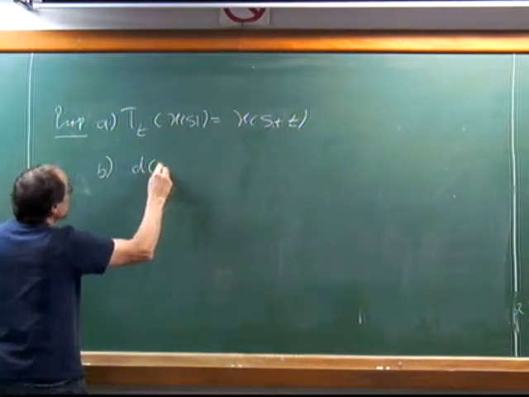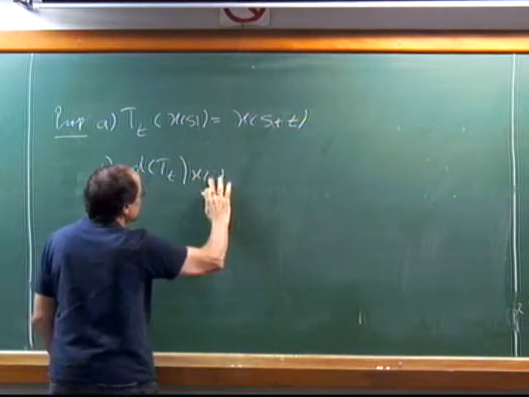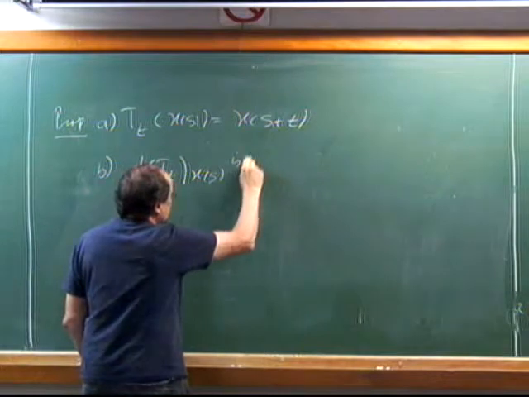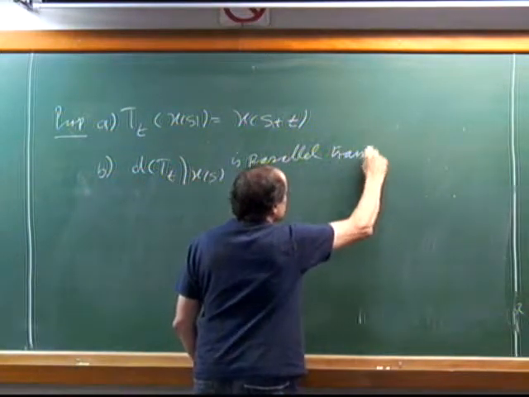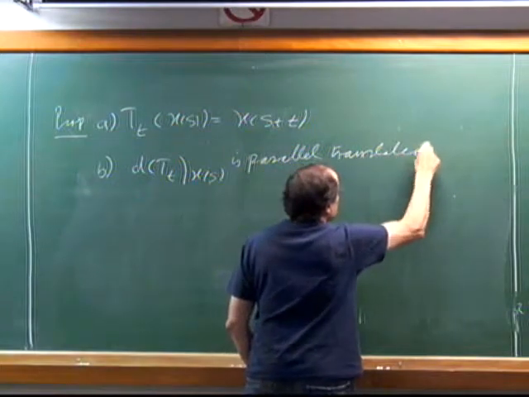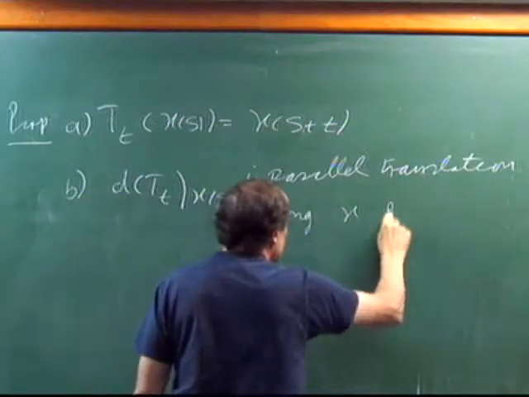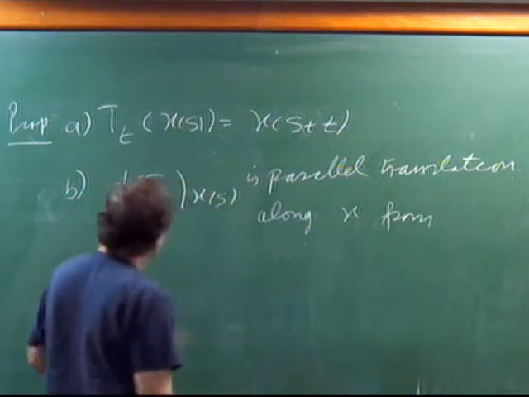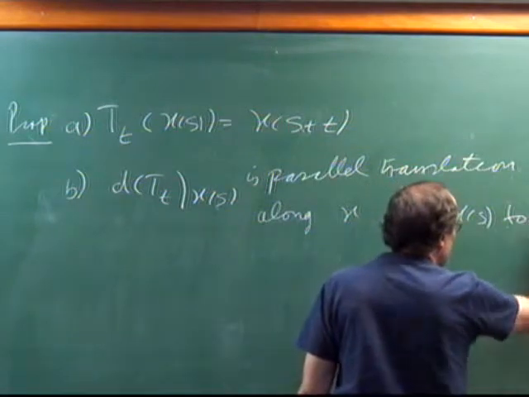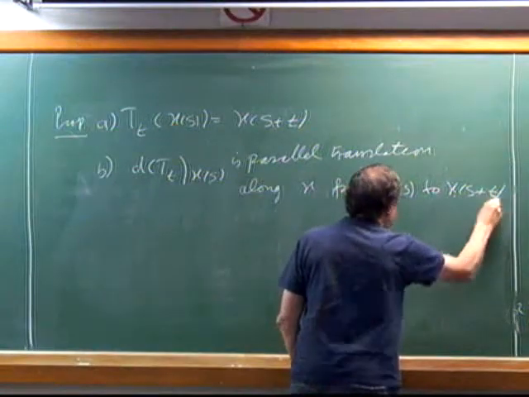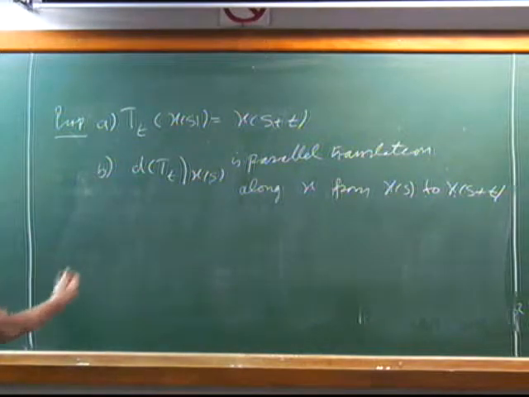The derivative of this transvection at the point gamma of s is parallel translation along gamma from gamma of s to gamma of s plus t. So part A says where it goes, and it's just given by parallel translation.